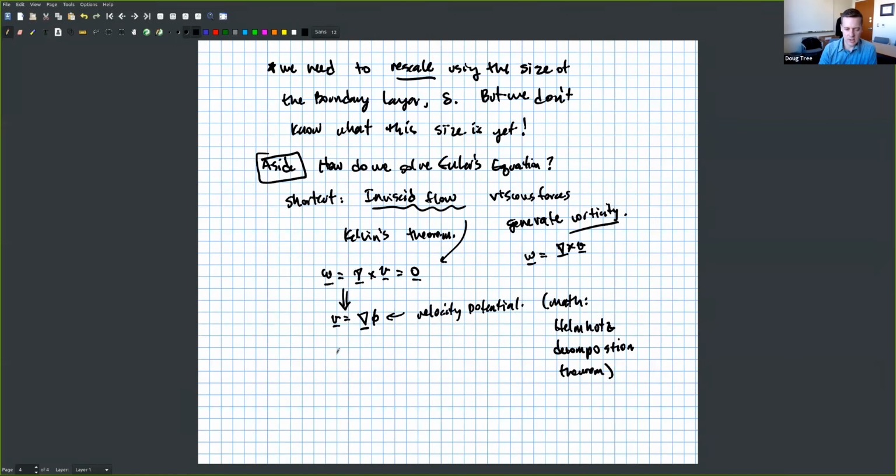So that implies this. And then you add on to it the fact that you know that del dot V equals 0. That implies that del dot grad phi equals 0, or in other words, grad squared phi is equal to 0. And this is what people solve instead, okay?